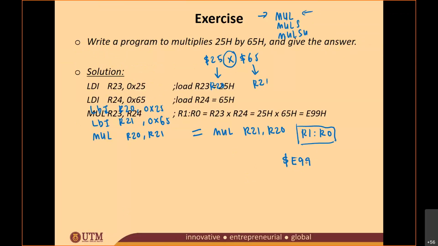Okay, so which one will be stored to R0 and which number will be stored at R1? In this case, we can divide it into low and high. This is the low and this is the high. So R0 will get 99 and R1 will get 0E.